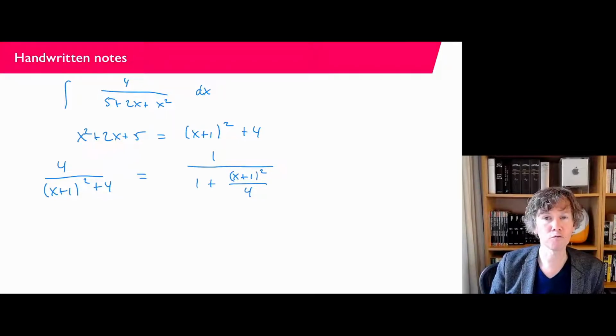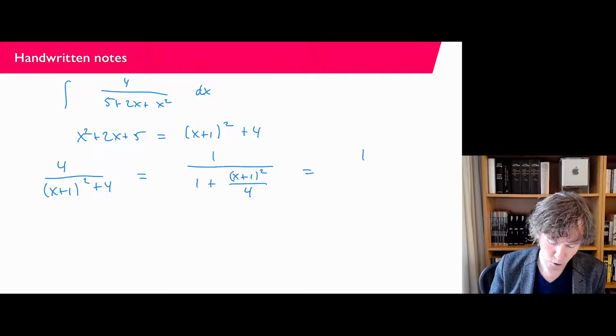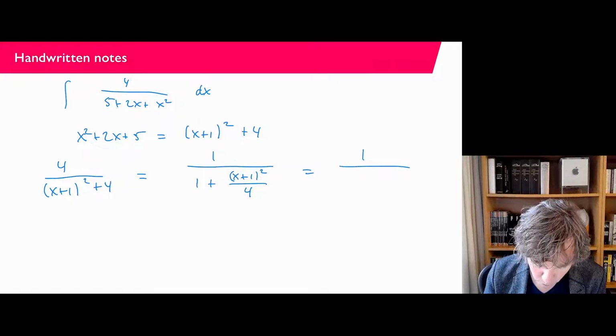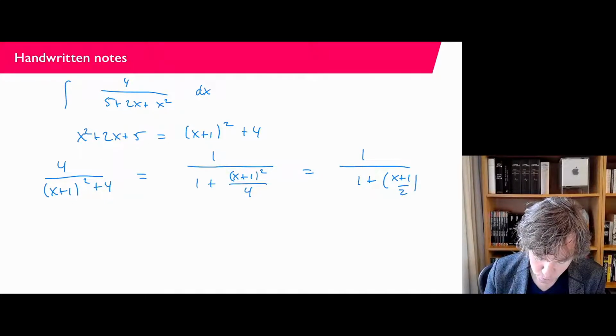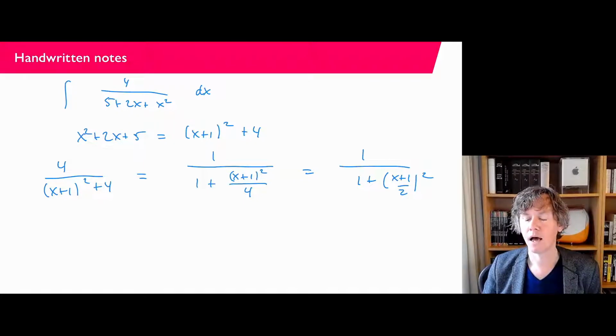And 4 is of course 2 squared, so I can also write this as 1 over 1 plus x plus 1 over 2 squared. And then maybe you see that this looks a lot like an arctangent function.